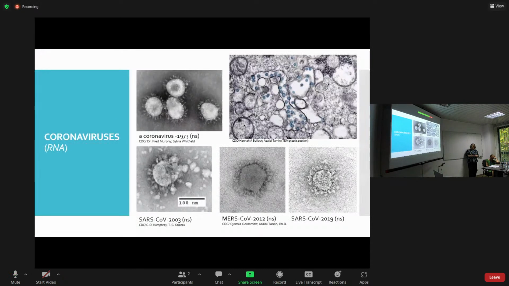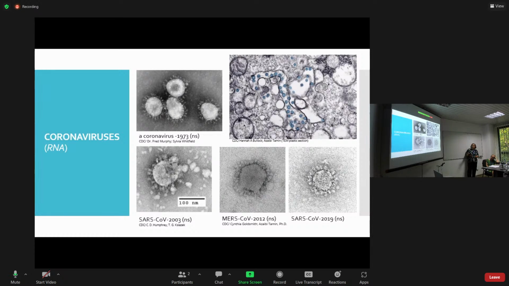So some coronaviruses were culprits for endemic outbreaks of infectious diseases and this pandemic in 2020. We have here negative staining images of various coronaviruses, SARS-CoV-2, SARS-CoV-1 in 2003, and a transmission electron microscopy image showing particles inside a cell.